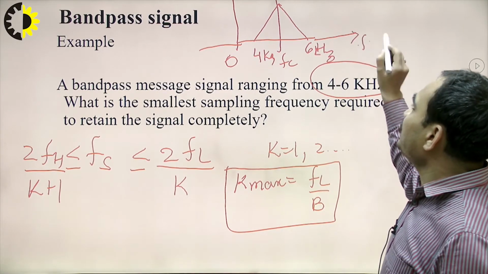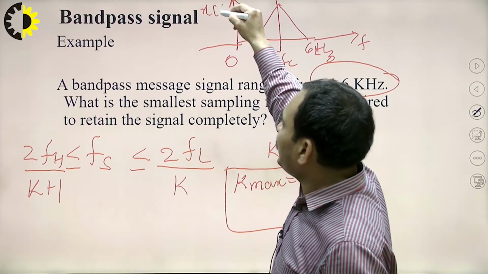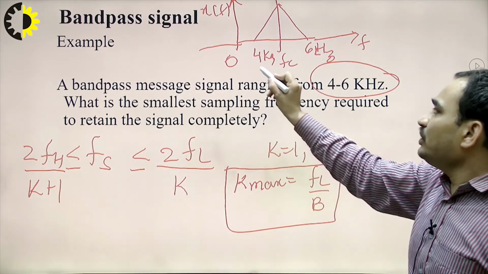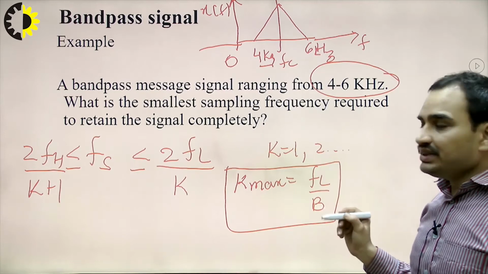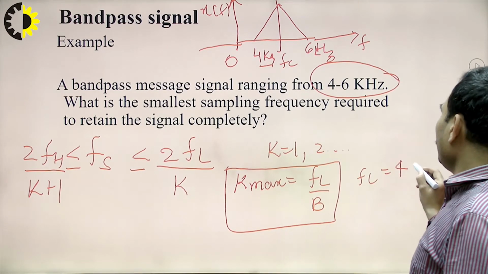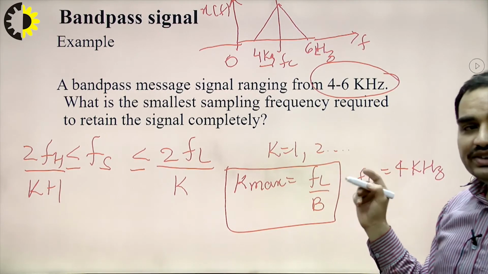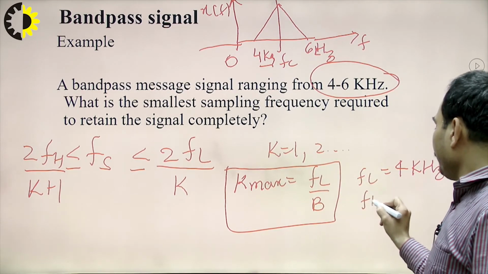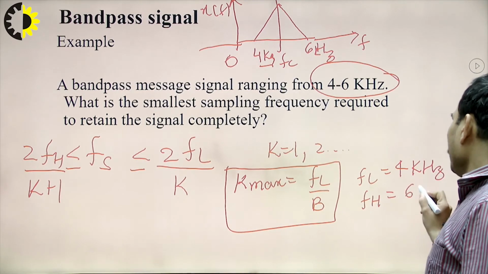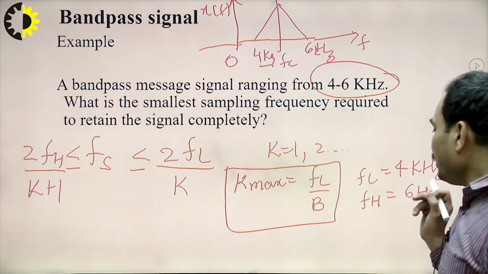This is the frequency domain, and this is X of f. So FL is given by 4 kilohertz. What is the value of FH? FH is given by 6 kilohertz.